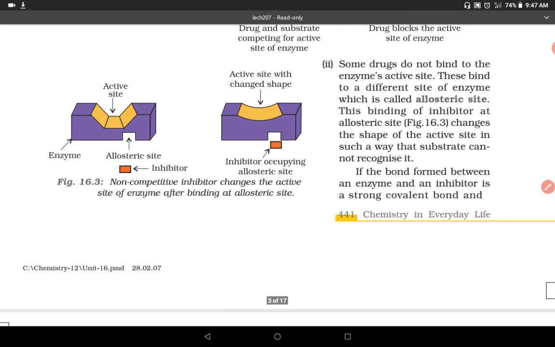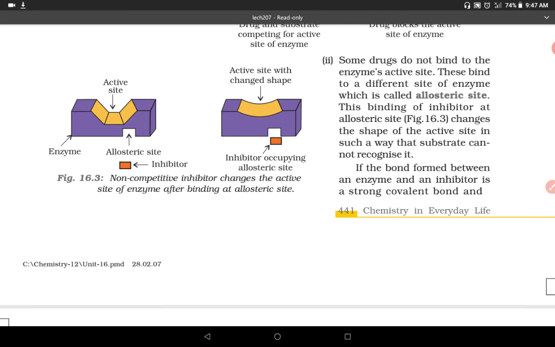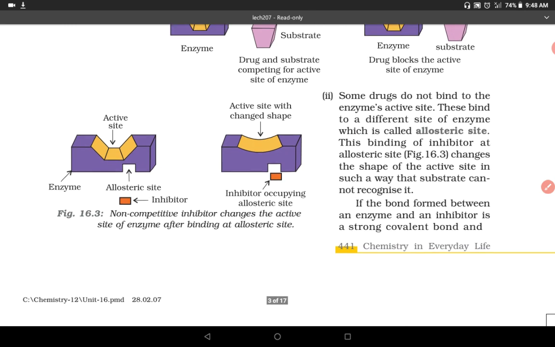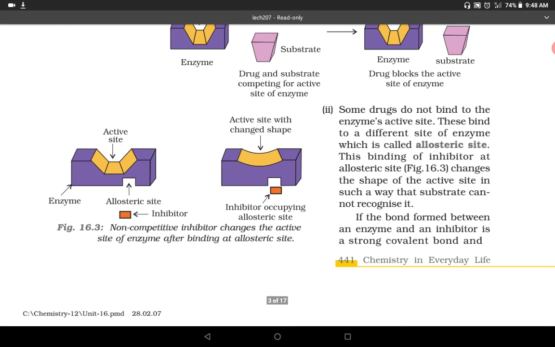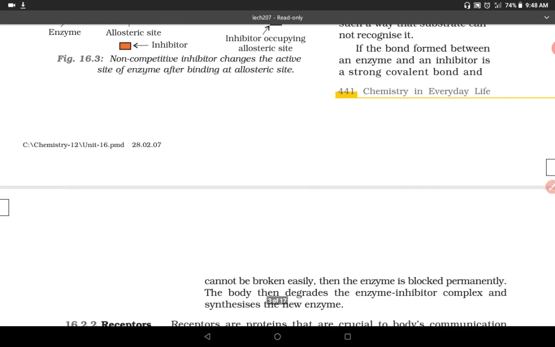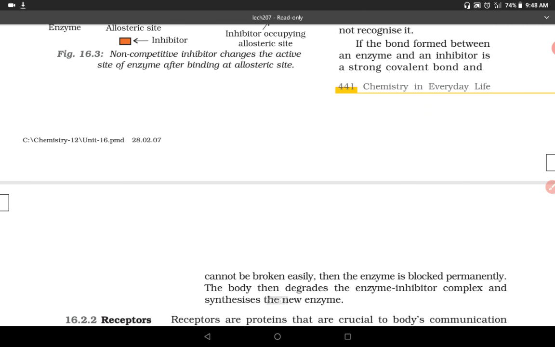If the bond formed between the enzyme and an inhibitor is a strong covalent bond that cannot be broken easily, then the enzyme is blocked permanently. If the inhibitor fits into the active site by forming a covalent bond, it permanently breaks down the activity of the enzyme.